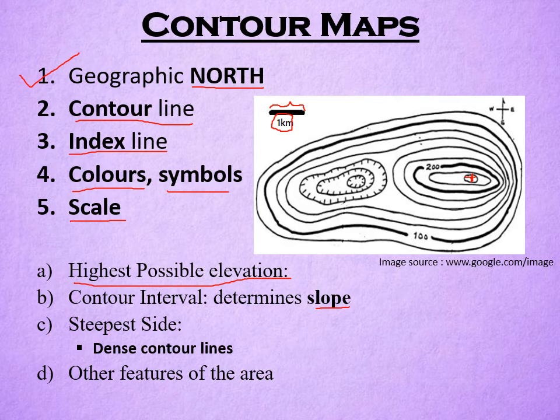But from contour interval we can get an idea about the slope. In this map you can see that in this portion the contour lines are very close to one another, whereas in this portion the contour lines are far apart from one another compared to this side.